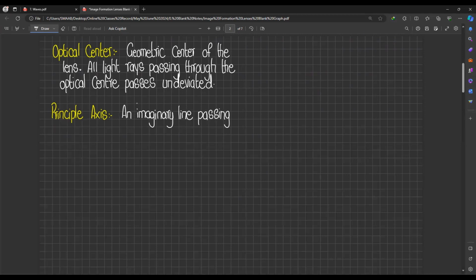From all sides if you observe, that will be the exact center, just like the center of a circle we make with a compass. That is the meaning of geometric center: if you measure that center, it will be in the exact center of the lens.